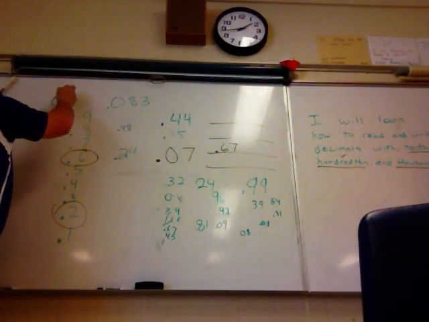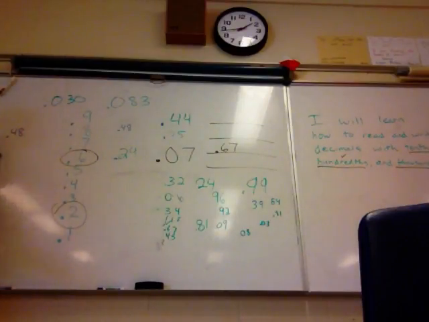You could have this, and that's still thousandths. Tenths, hundredths, thousandths. How do you read this number? That one's kind of tricky. 30. Good job. It's 30 thousandths, because there's tenths, hundredths, thousandths.